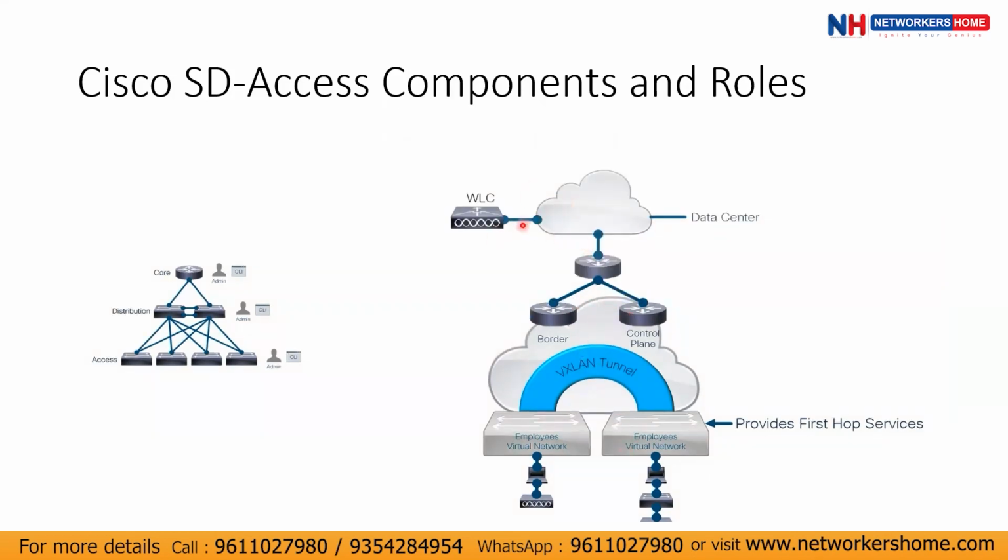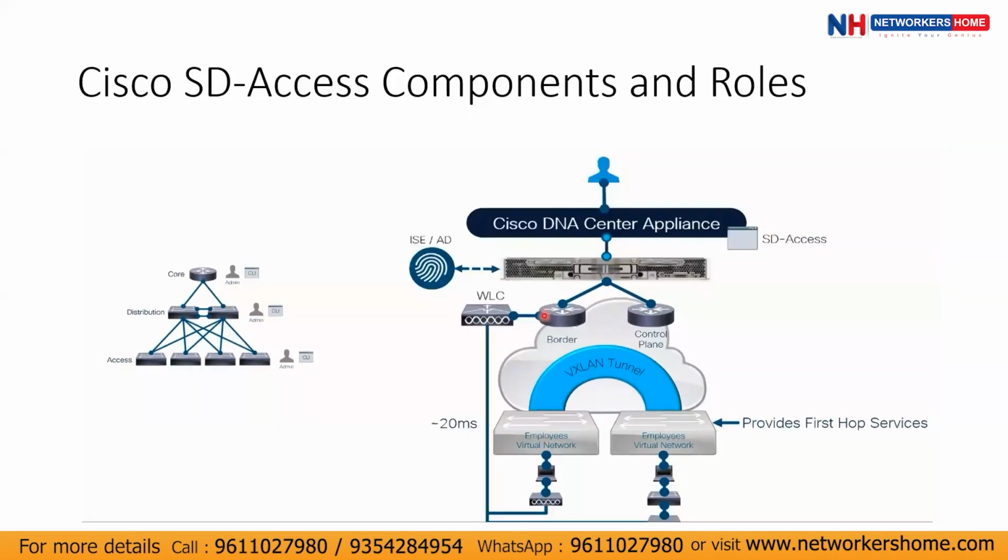So here in this slide, you can see my WLC is in the data center, right? But my latency requirement is this. A maximum of 20 ms of latency should match from the access point or user to the WLC, and only then does it provide the Fabric enabled SSID.